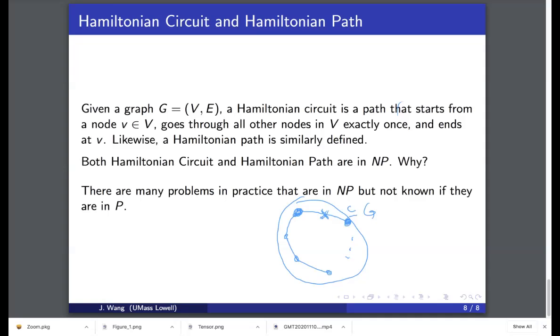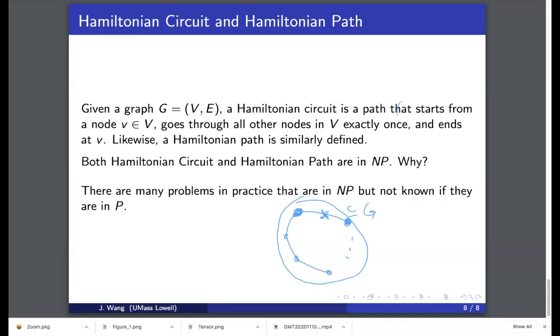Or if you want to know whether it's a path, I guess n minus 1 edges, and then see whether these n minus 1 edges form a path that connects all the nodes exactly once. So this is a proof that this problem is in NP.